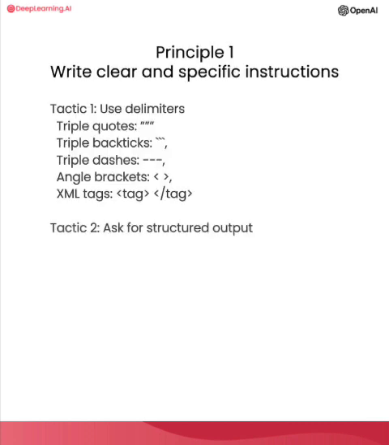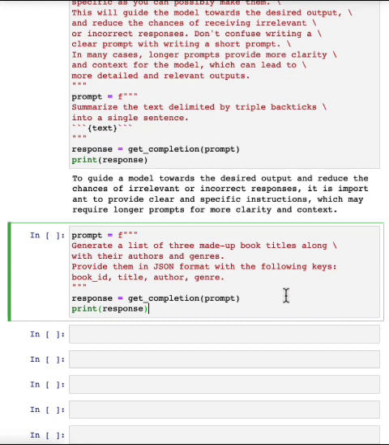The next tactic is to ask for a structured output. To make parsing the model outputs easier, it can be helpful to ask for a structured output like HTML or JSON. So let me copy another example over. In the prompt, we're saying generate a list of three made-up book titles along with their authors and genres.